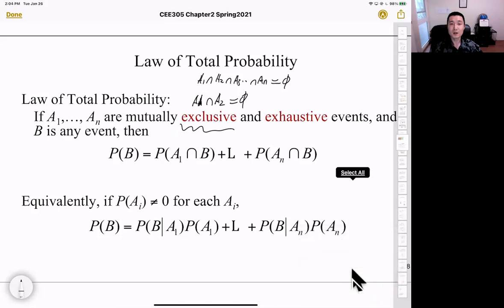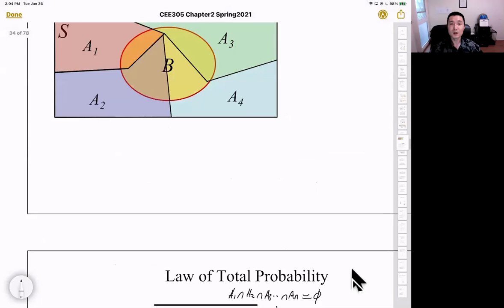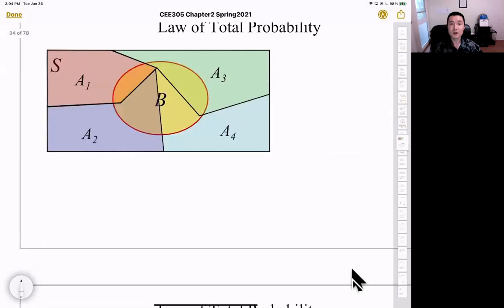Also, they are exhaustive. Exhaustive means the union of A1, A2, up to AN will include everything. A1, A2, A3, AN, so they will include the whole sample space.